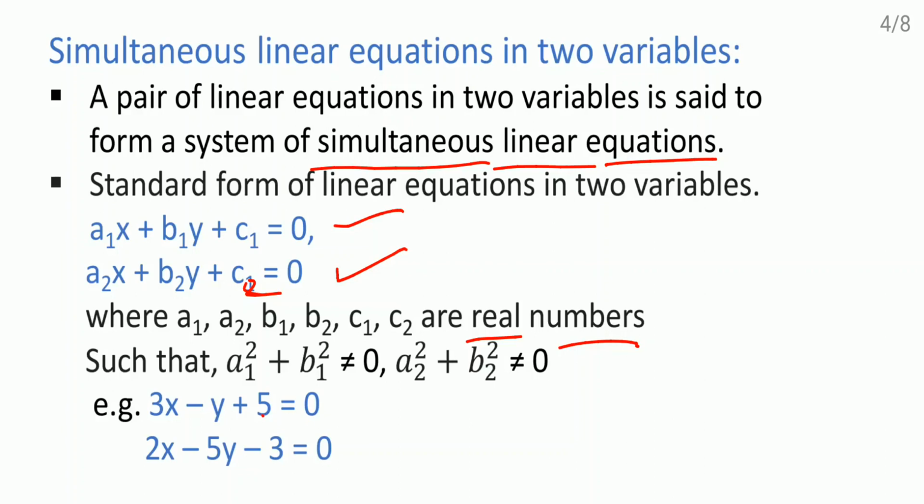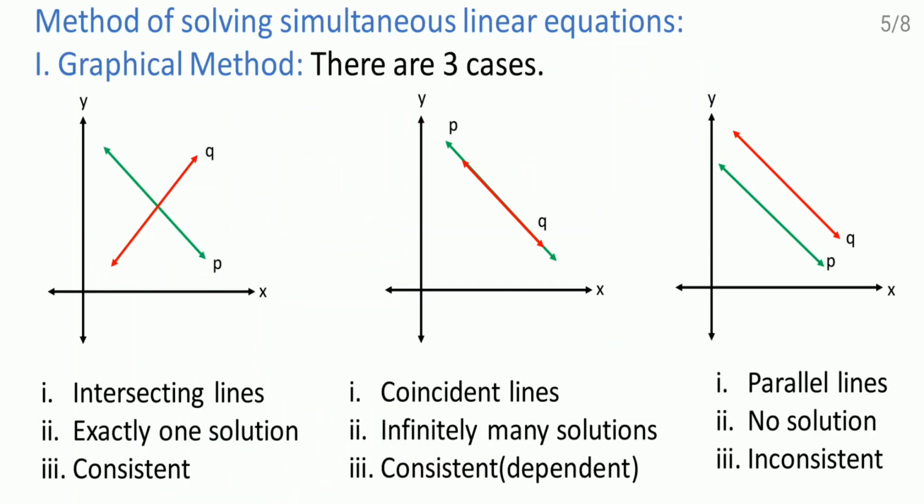Right? You don't have to worry too much about this one. Just simply you see, look at this equation and this equation. Correct? Here all coefficients are present. x and y two variables are present. Equal to sign is present. So these two equations, I can call them as the simultaneous linear equations in two variables, right? Or I can call these two equations as the system of simultaneous linear equations. Correct? Come to the next point now.